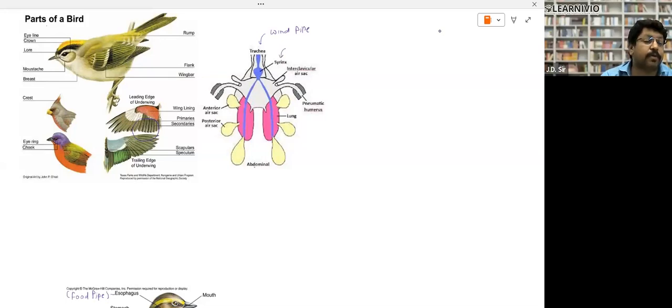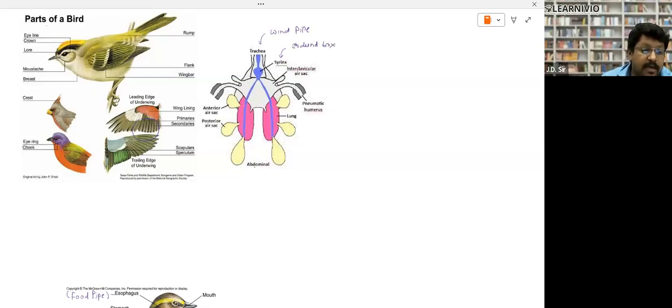What is the larynx? Anyone of you? Siddhika and Martin, any idea? Look, we speak with the help of the larynx, right? Larynx is the sound box. In the same way, birds also have a sound box. With the help of the sound box, they can speak, right? So that is called syrinx. Please keep it in mind, syrinx.